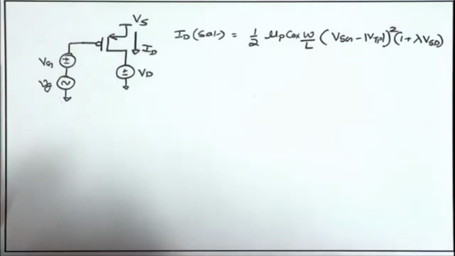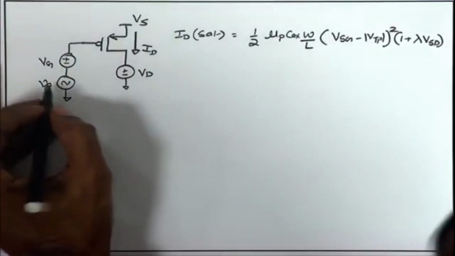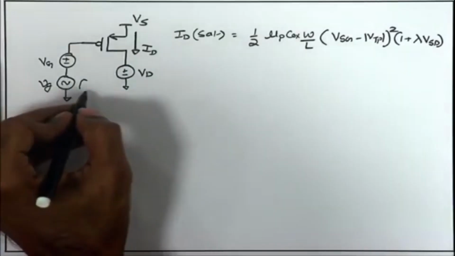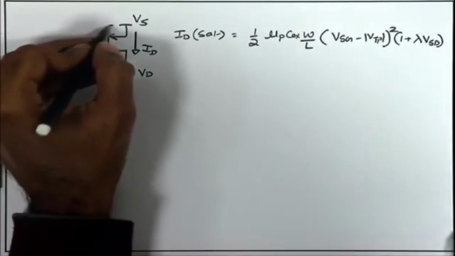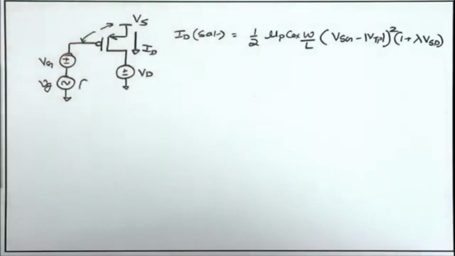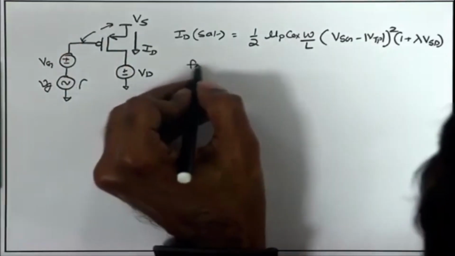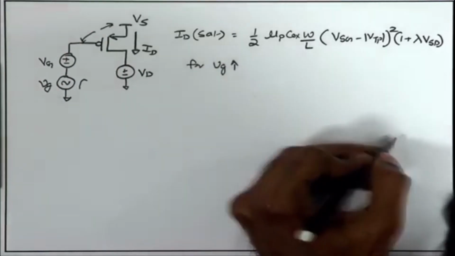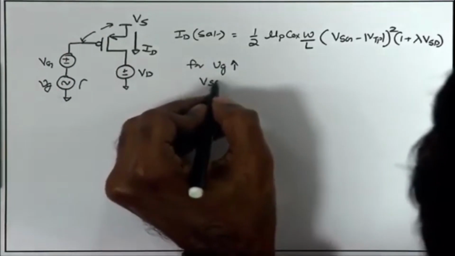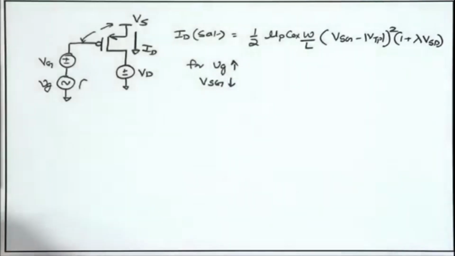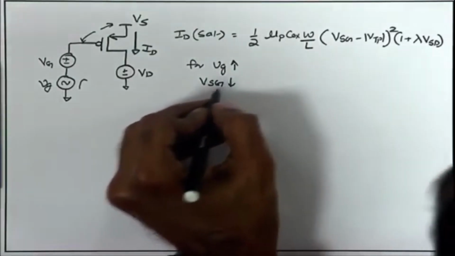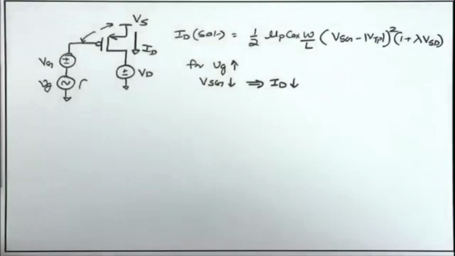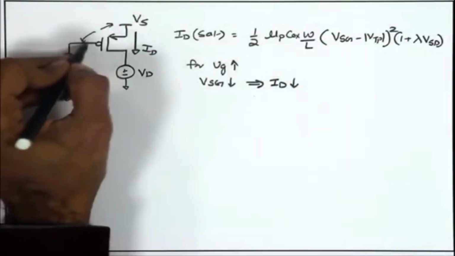Now, what happens if I apply a small signal gate voltage and it is going up? If the small signal is going up, what are we doing to the Vsg? For Vg going up, meaning positive, Vsg is going down, and as a result the DC current Id must go down, because we are reducing the Vsg of the MOSFET.